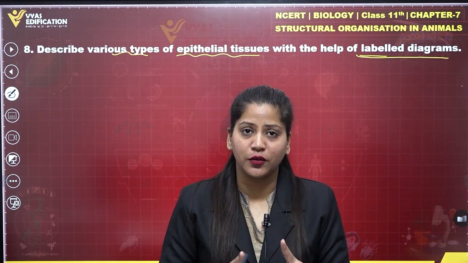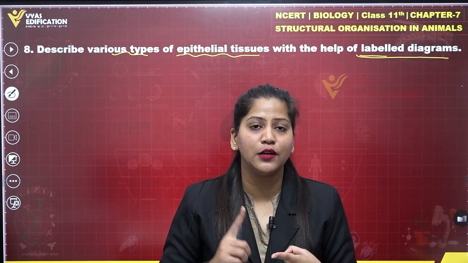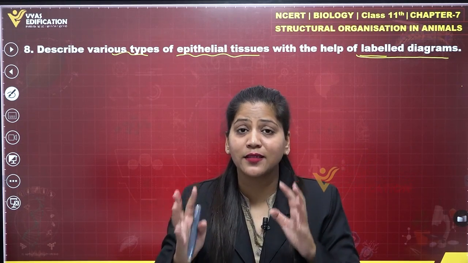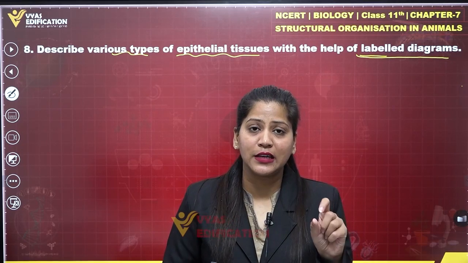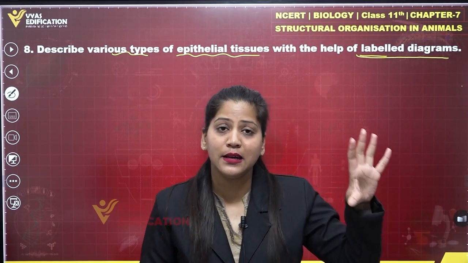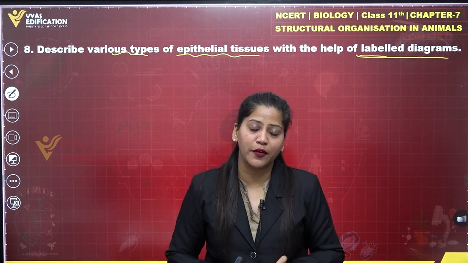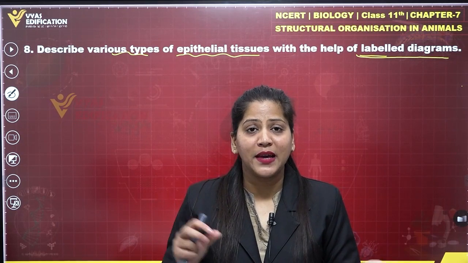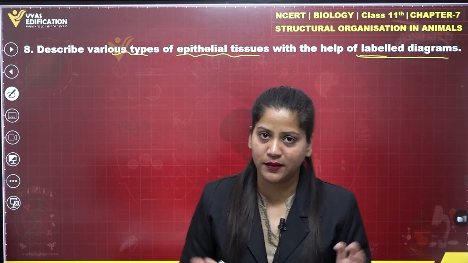The primary function of compound epithelium is to provide protection, and the function of absorption and secretion is limited in compound epithelium. So we have basically two types of epithelium, simple and compound, based upon the number of layers of cells present in them.